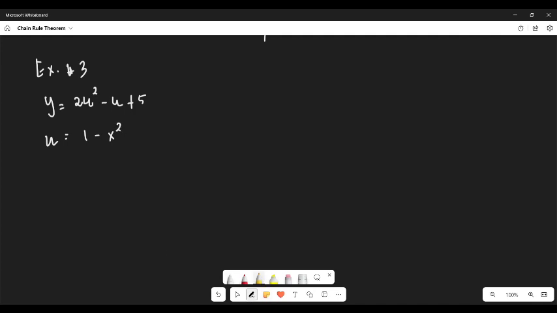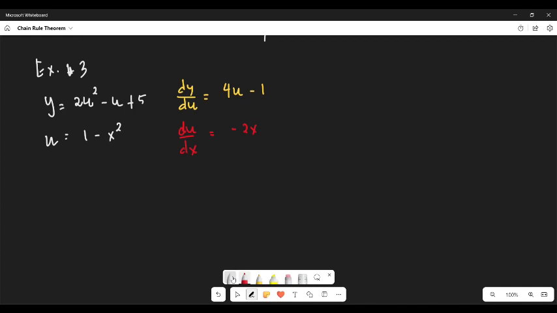Same as we did in examples 1 and 2, we get the derivative of y with respect to u, which is equal to 4u minus 1, and the derivative of u with respect to x is equal to negative 2x.